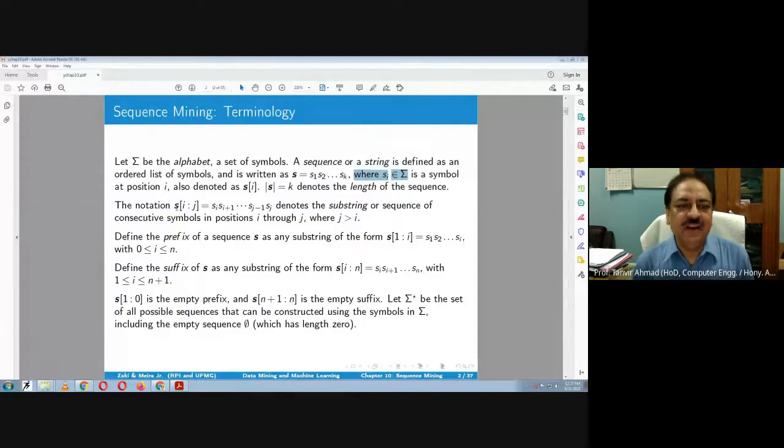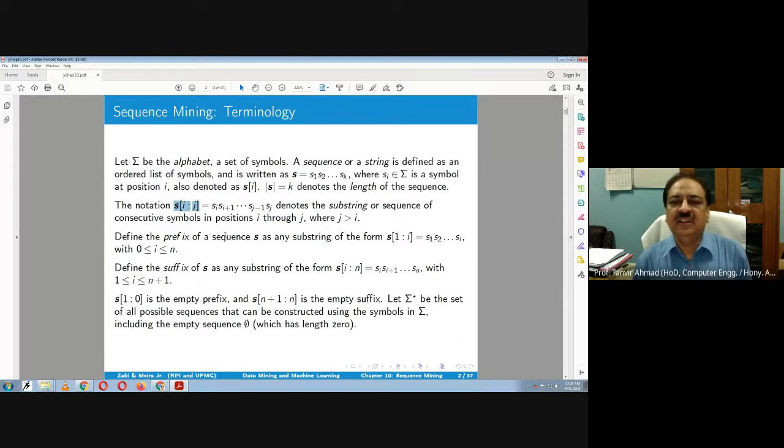For example, suppose the sequence i, j. When this sequence is taken, the first one starts with symbol Si and the last one is symbol Sj, where in between there could be one or n number of symbols, for example Si, Si+1, Si+2, up to Sj-1, Sj.